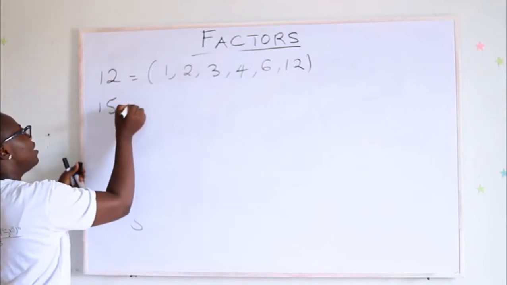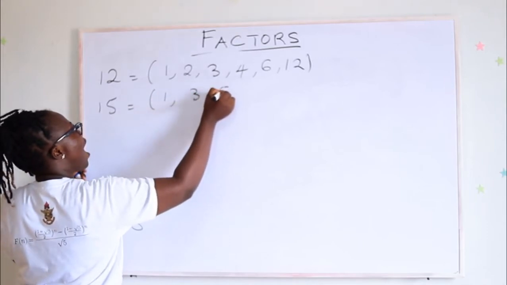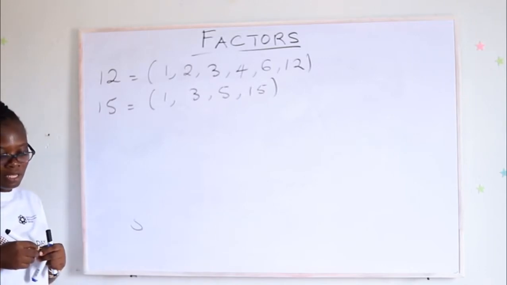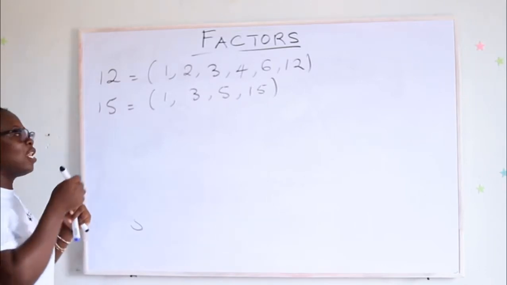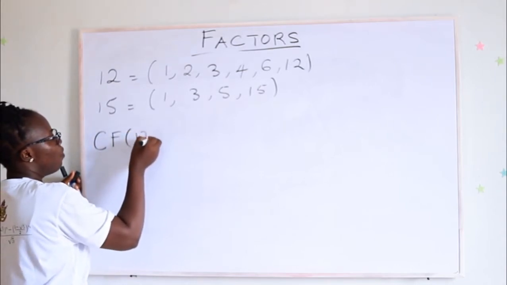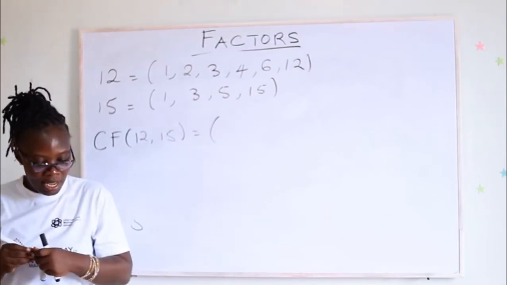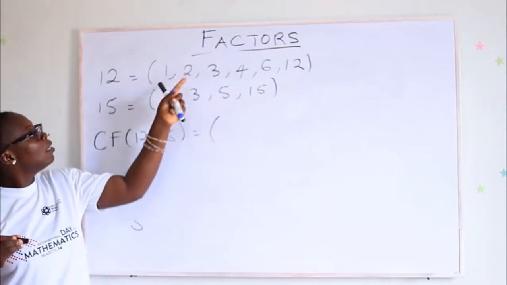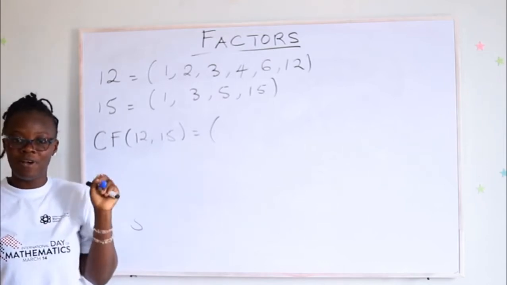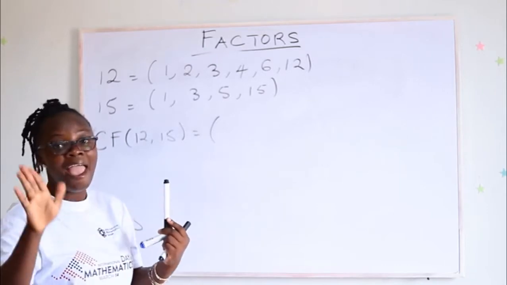Then let's take 15. What do I have? 1, 3, 5, and 15. I can find the common factors between these two numbers. So let me write CF of 12 and 15. Common factors are the numbers which are here and are also here. 1 will always be a common factor between any numbers because 1 is already a factor of any number.